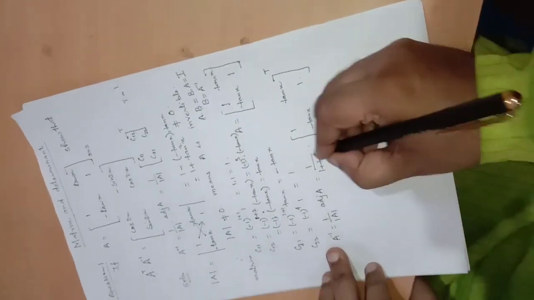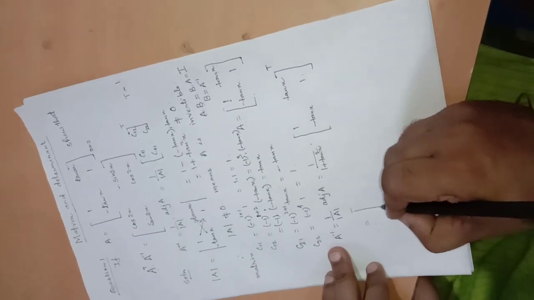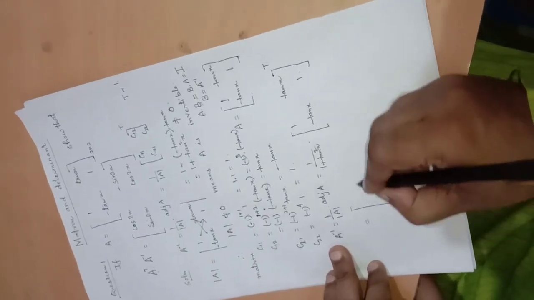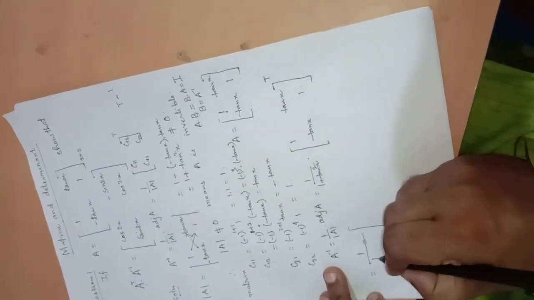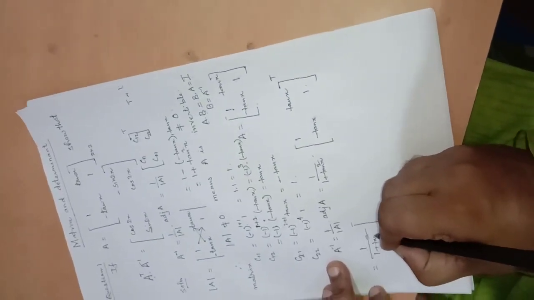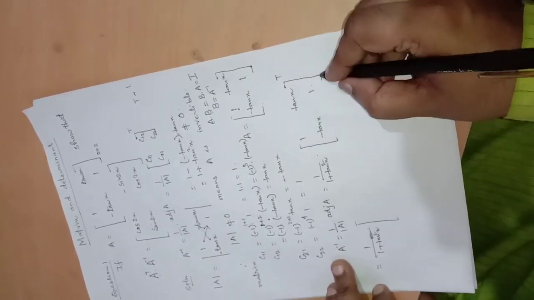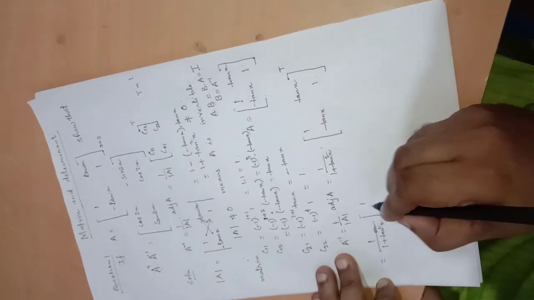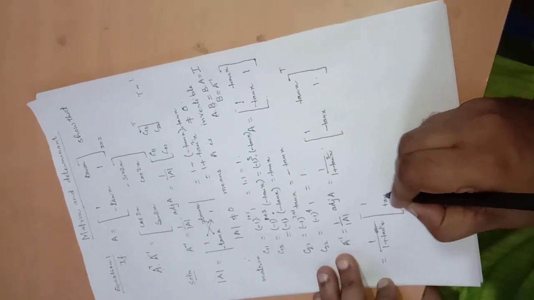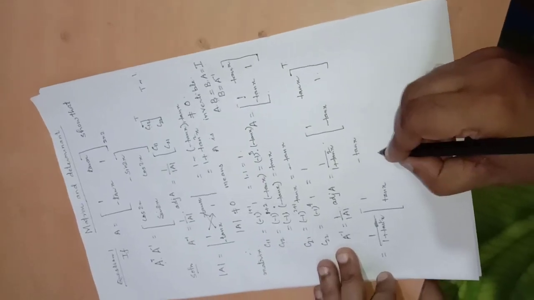So we take 1 by 1 plus tan square x, and we take the transpose, meaning we change the rows and columns: 1, tan x, minus tan x, and then 1.